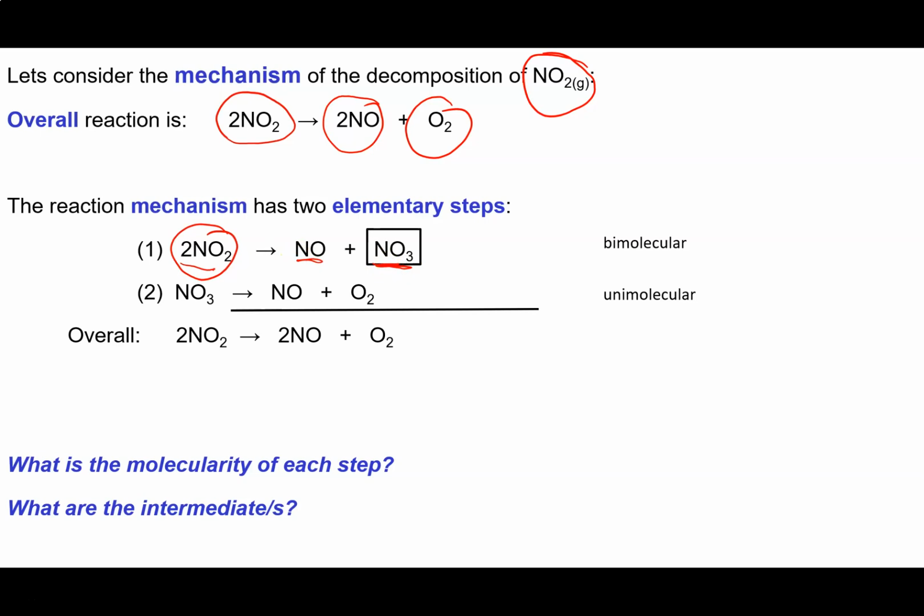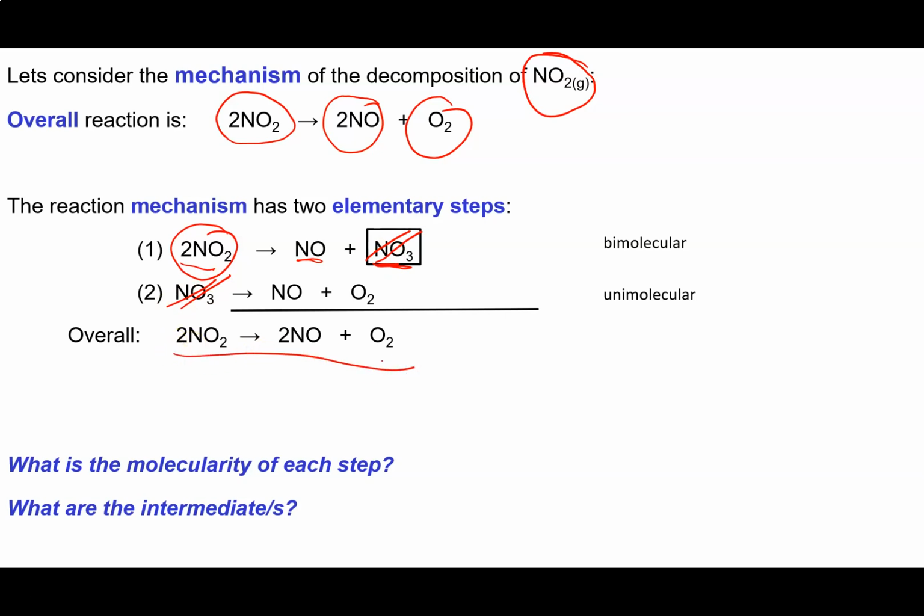Immediately, NO3 doesn't appear in our final equation, so it must be an intermediate. In the second step, the NO3 produced in the first step decomposes to give NO and O2. And if I add these together, what I see is the NO3 cancels out, and I'm left with my overall balanced equation.